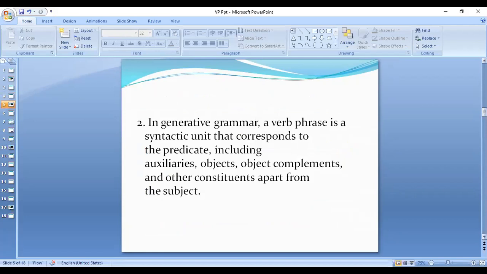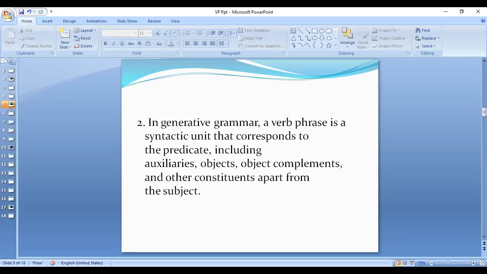The second point of view in this glossary defines it in the generative grammatical sense. Generative grammar was developed by Noam Chomsky, who defines grammar as a mental construct. According to this point of view, a verb phrase is a syntactic unit, a sentential component that corresponds to the predicate, including auxiliaries, objects, object complements, and other constituents apart from the subject.